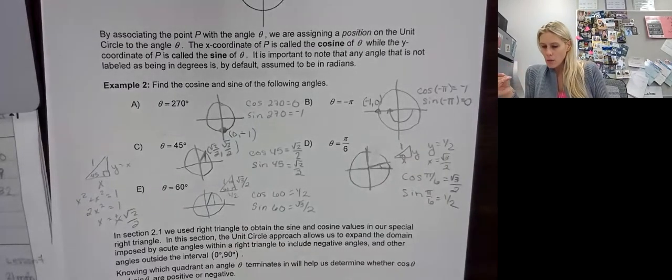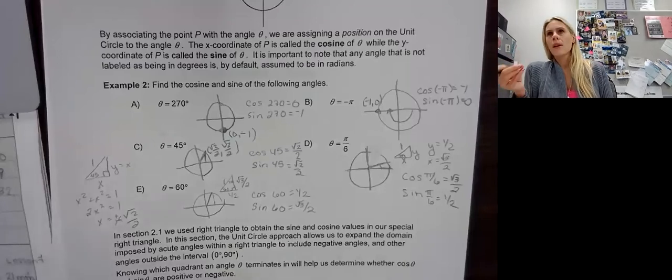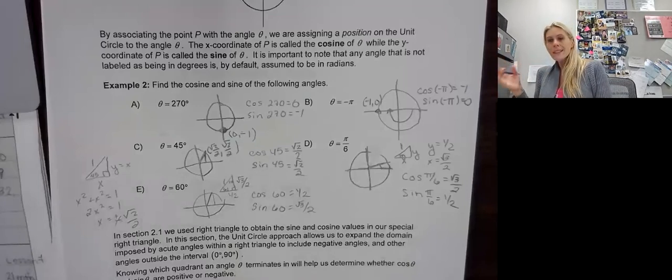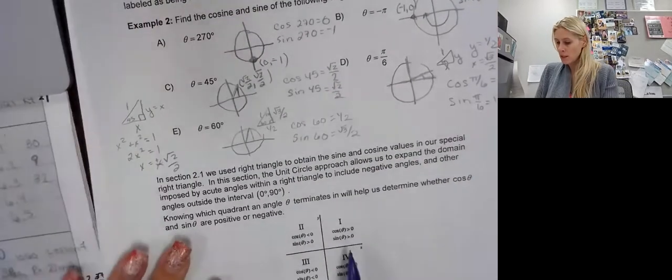Now here, we think about this as the approach that we use for our special right triangles. Those are really good to use for that first quadrant, right? That 0 through 90 degrees. But our whole unit circle goes into all the quadrants. So when you think about it, the quadrant tells us what sine and cosine are going to be. So the first quadrant, they're both positive.